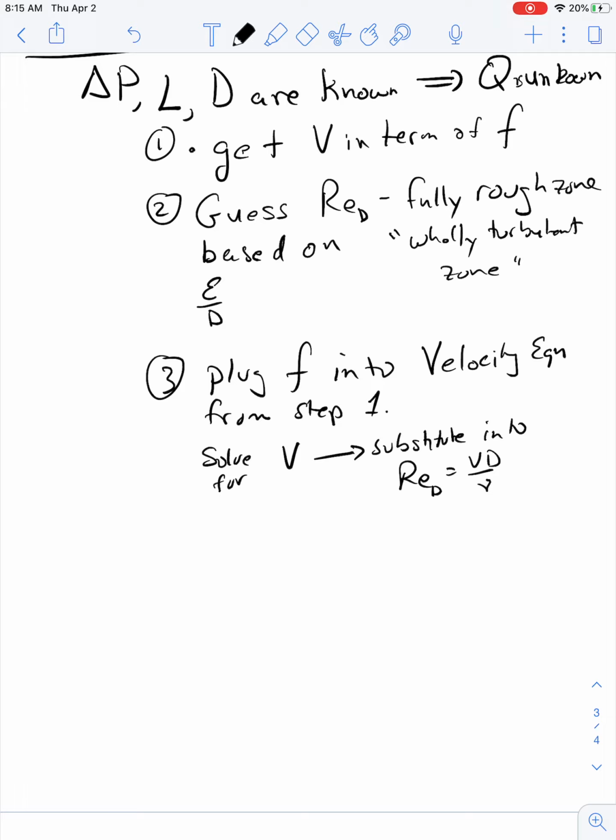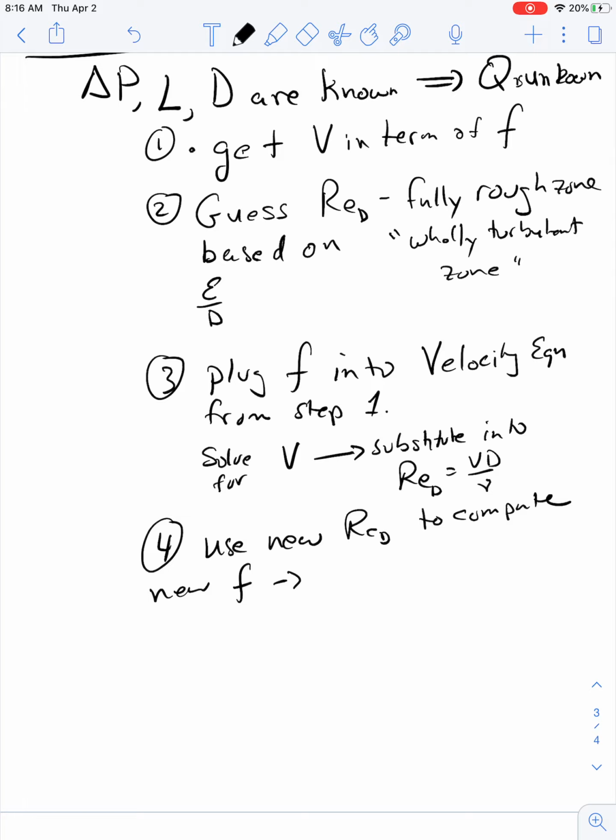So given that new Reynolds number, we can use it to compute a new friction factor. And we can do this step by step.